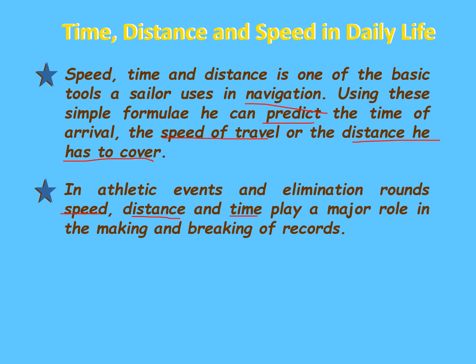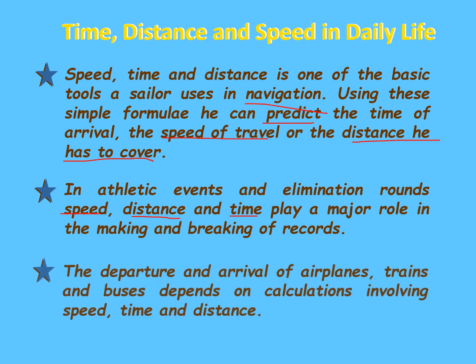Next, the departure and arrival of airplanes, trains, and buses depend on calculations involving speed, time, and distance. If we are going to buy a plane ticket, you can see there your departure time and arrival time.